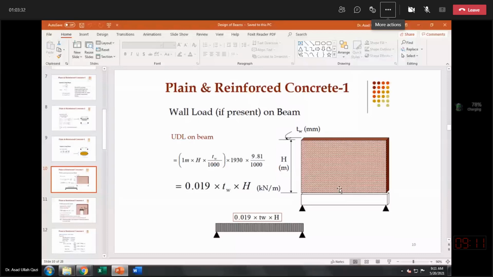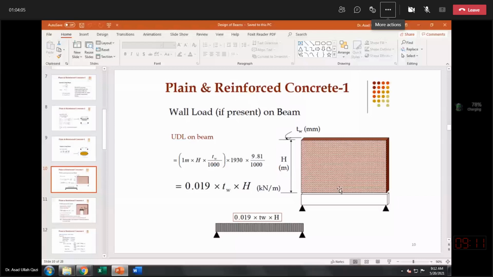Those partition or dividing walls are constructed exactly over the stem of the beam. So it means such walls will transfer their load directly to the beam. We discussed in the previous slides slab thickness, floor finish thickness, and pressures of occupancy, which transfer their load to the beam.